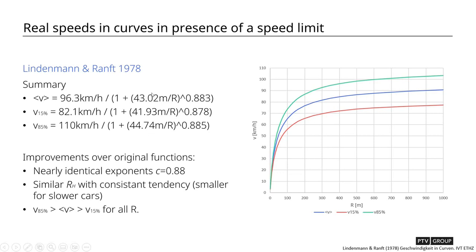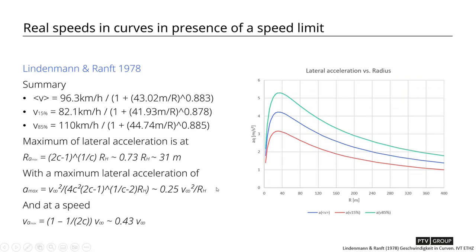But nevertheless, the values are quite close to each other, and you could just say, okay, I take the 43 meters as value for all three. And then you can analytically calculate what is the value of the largest acceleration, what is the radius where the largest lateral acceleration occurs, and what is the speed of the largest lateral acceleration.